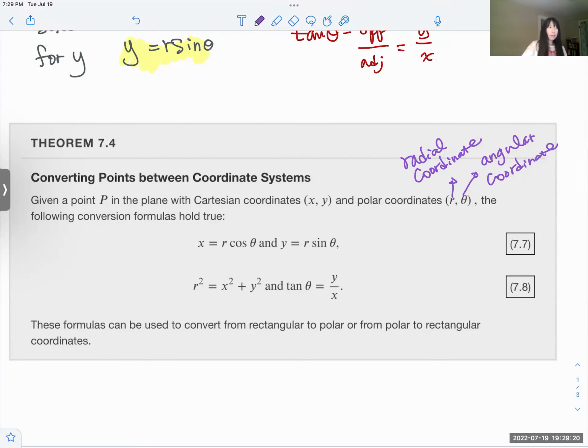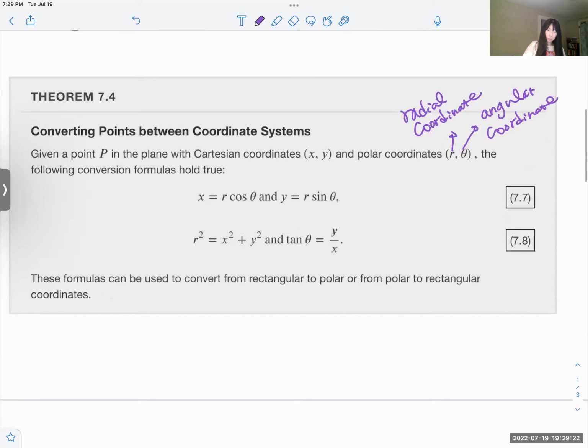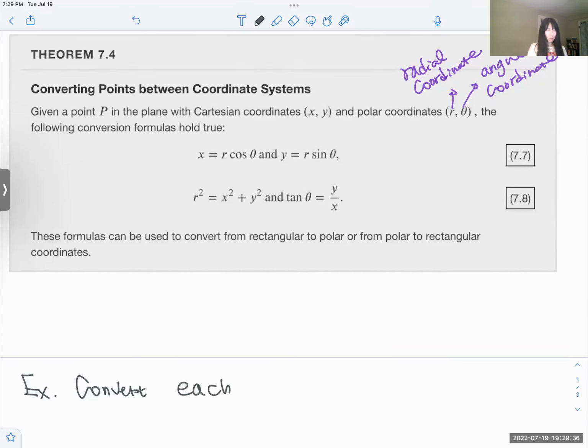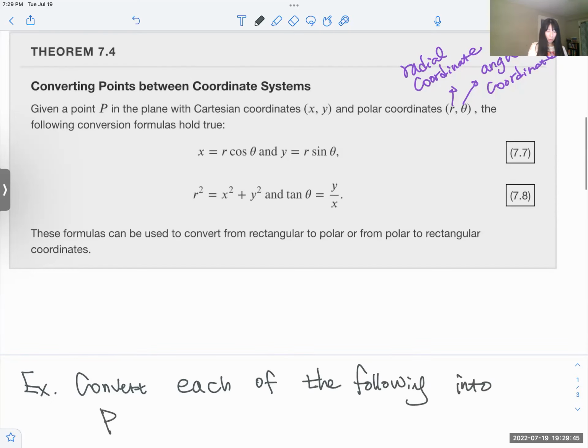We have to convert these into polar coordinates.